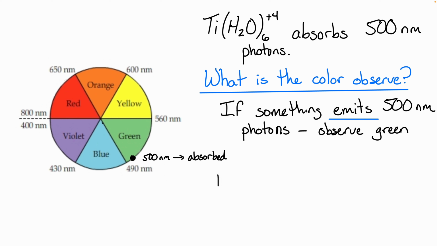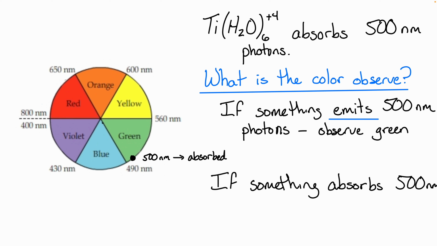All right, if something absorbs 500 nanometer photons, which is what our complex is doing, then we observe its complement, meaning what's on the exact opposite side of our wheel.